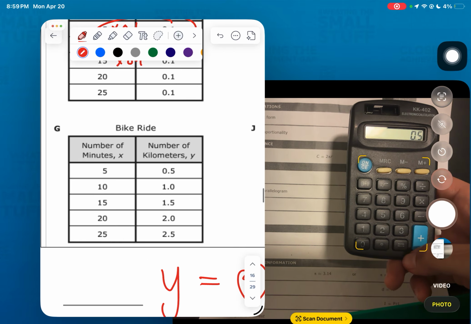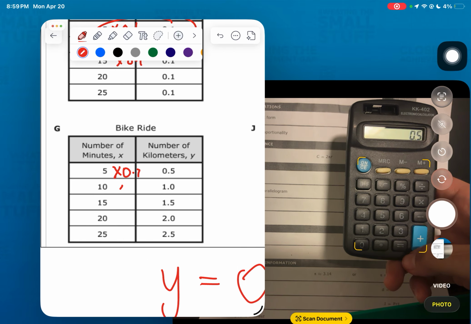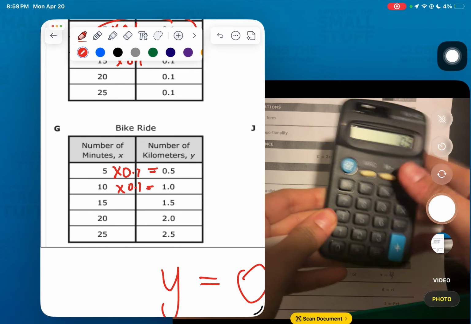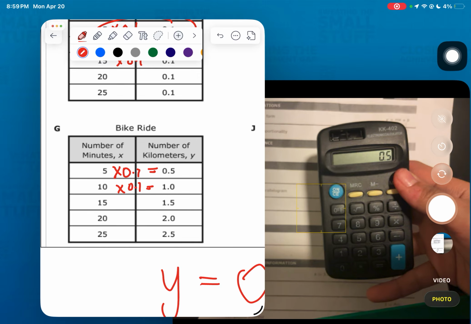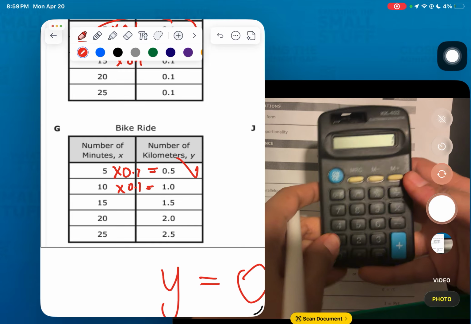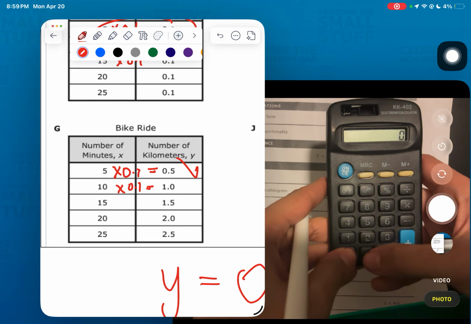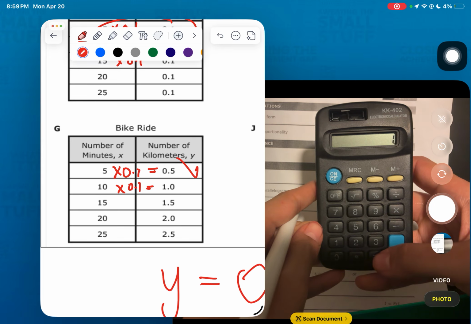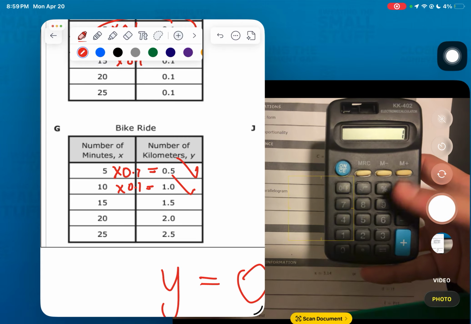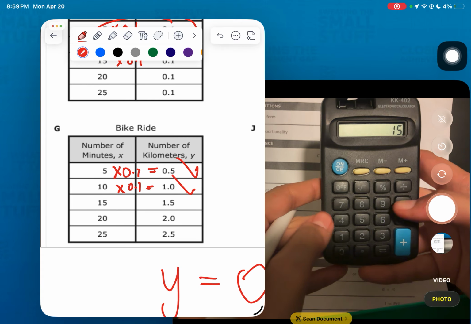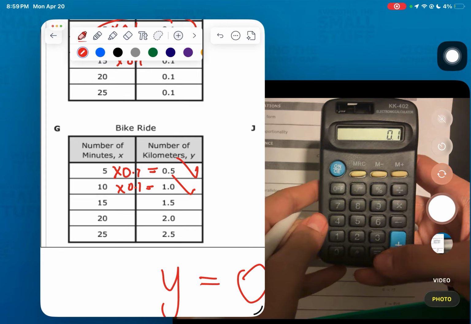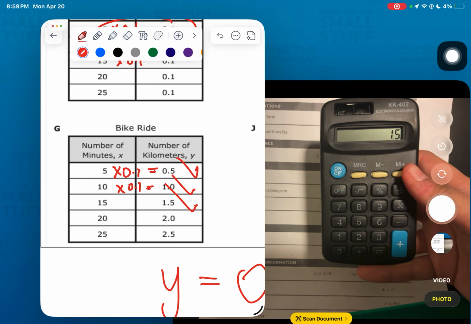Then this one, I need to check that all of them are right. Entonces, la primera, I already have that that's right. Now, 10 times 0.1, 1. Got it. 15 times 0.1, 1.5.